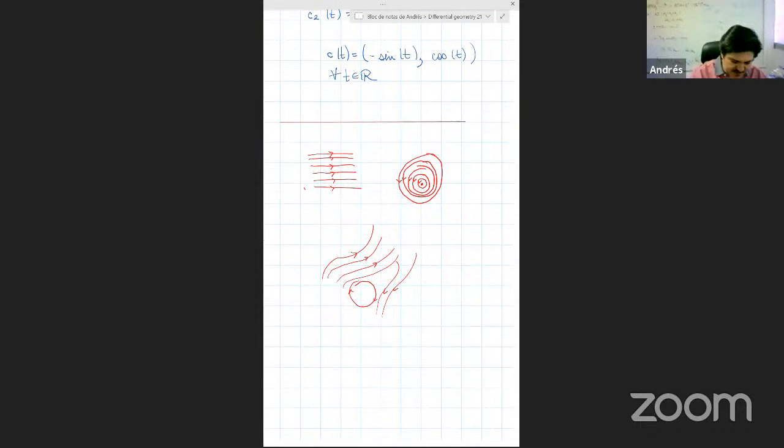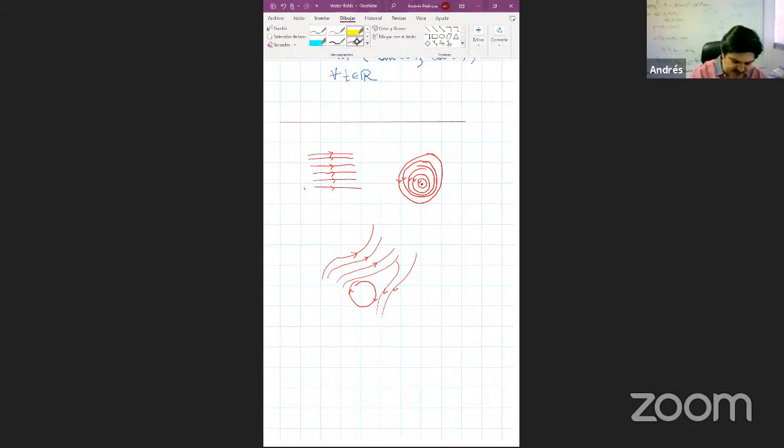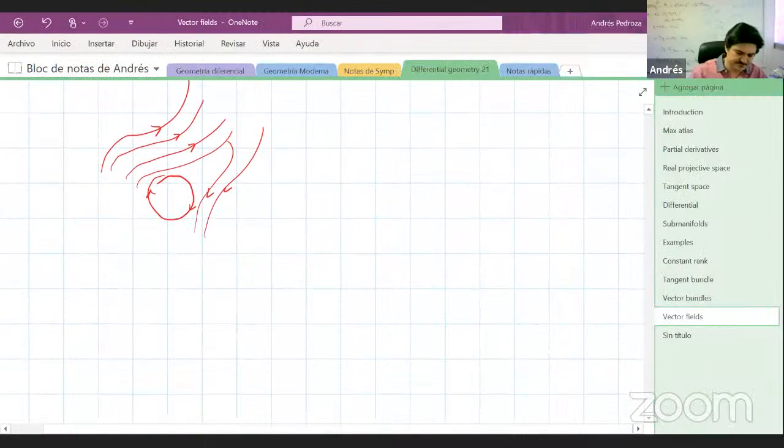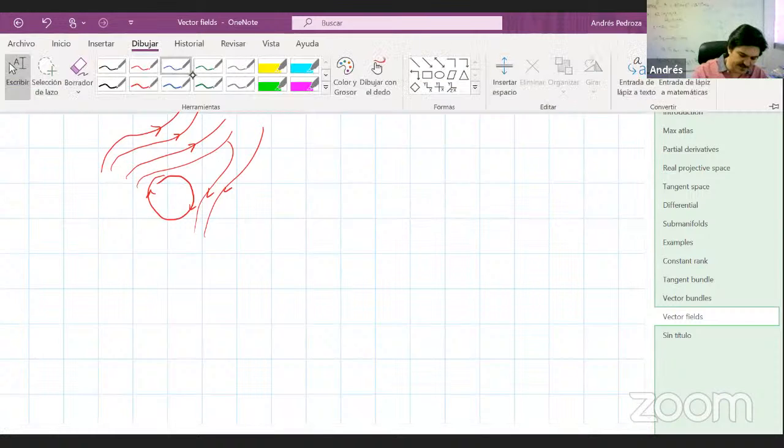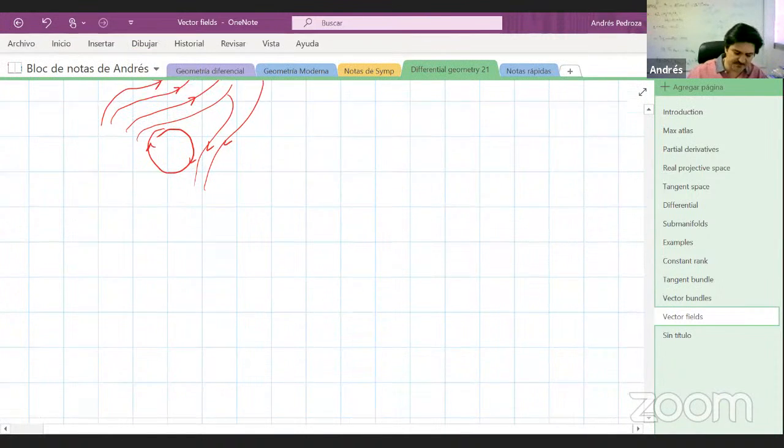So just to finish, I forgot this observation, which is very important here. And with that, I would like to wrap things up.